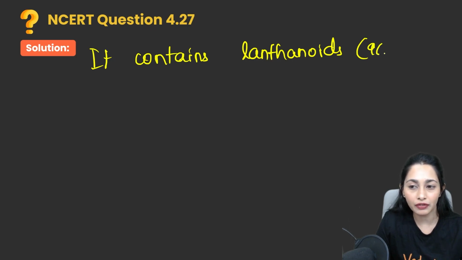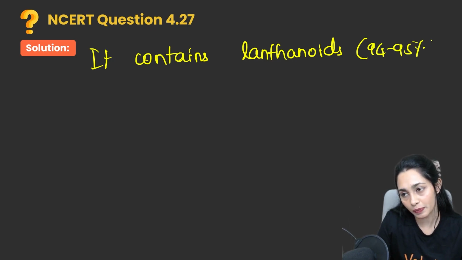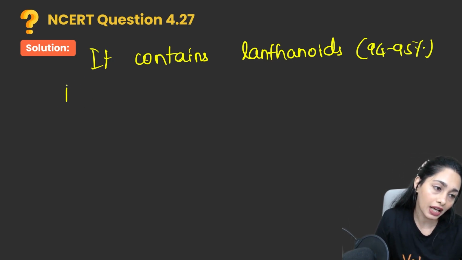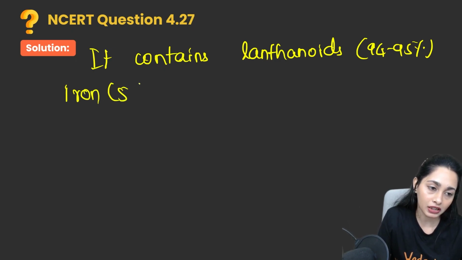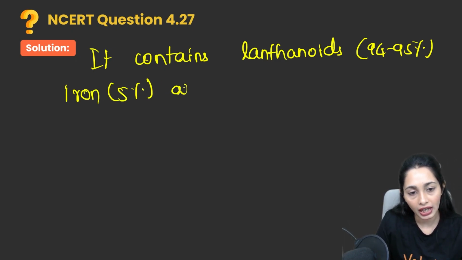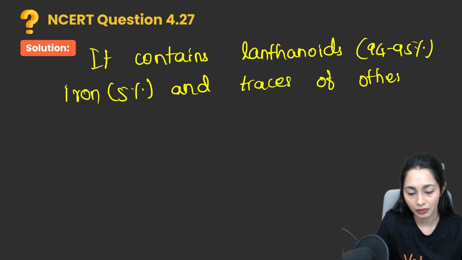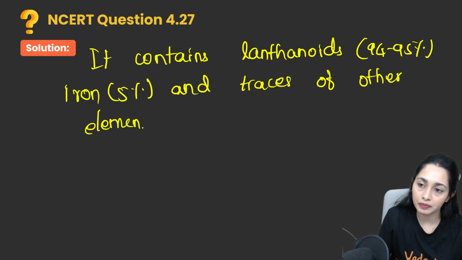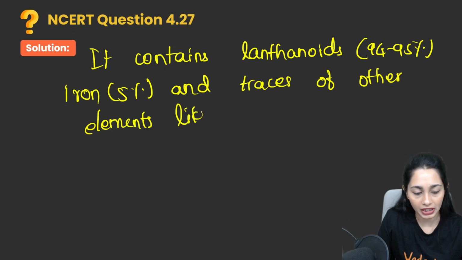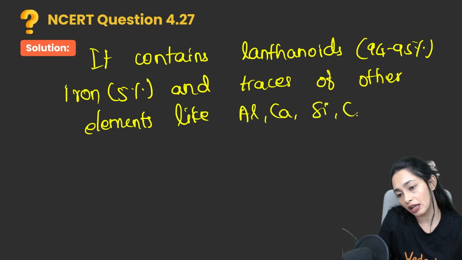About 94 to 95% of lanthanoids is present in this, and iron is present in 5% composition, and traces of other elements like aluminium, calcium, silicon, carbon, sulfur, etc.